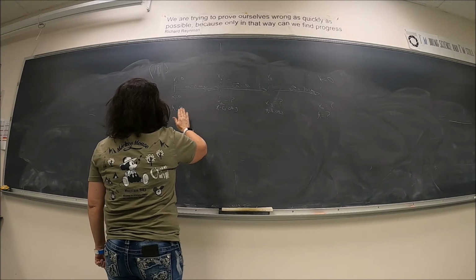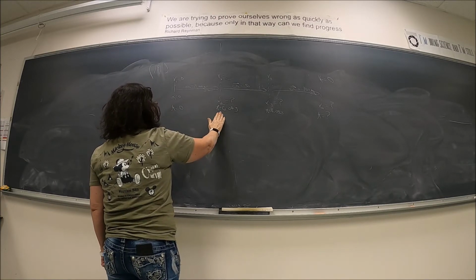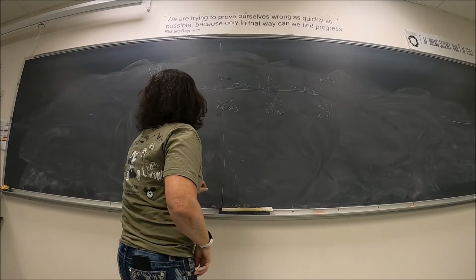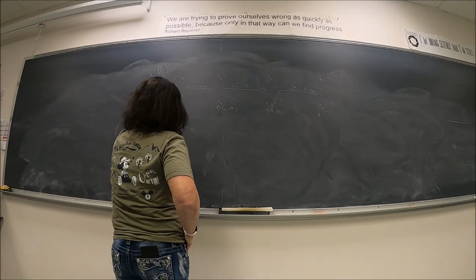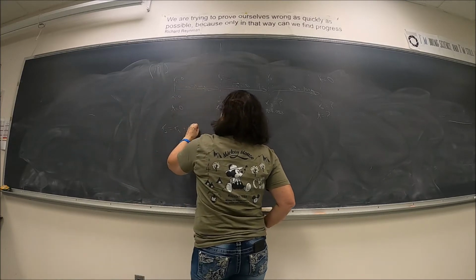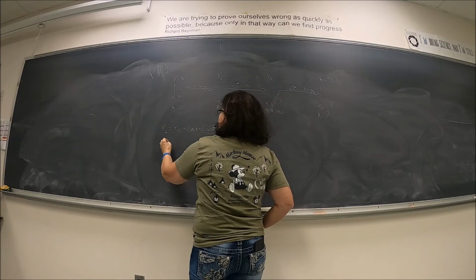Between position x1 and position x2, between 0 and 6 seconds, I have uniform acceleration. So I can say that x2 is going to equal x1 plus v initial delta t plus 1/2 a delta t squared.